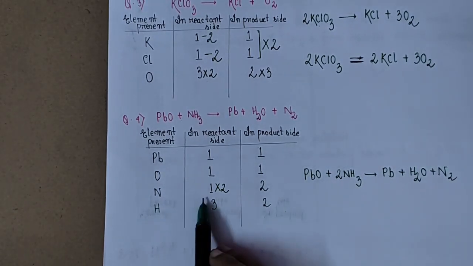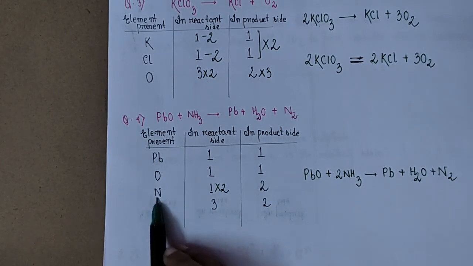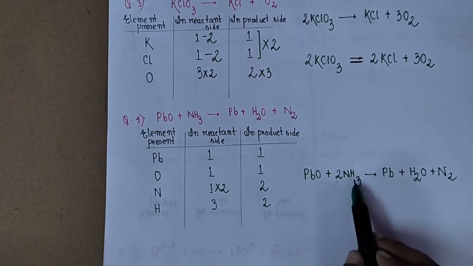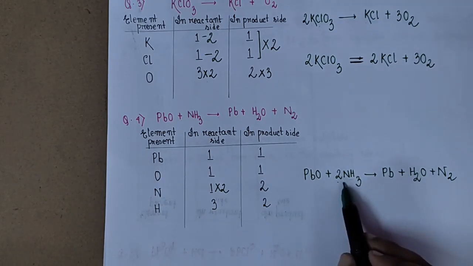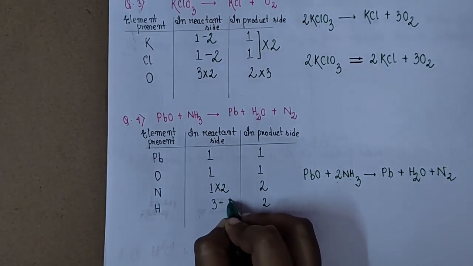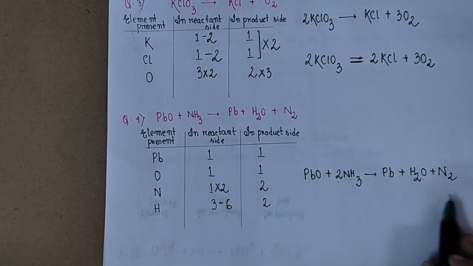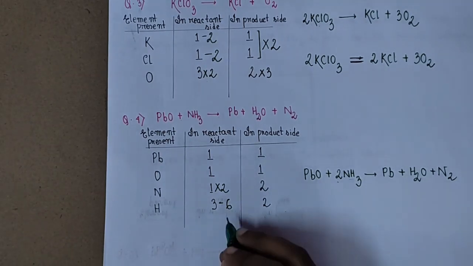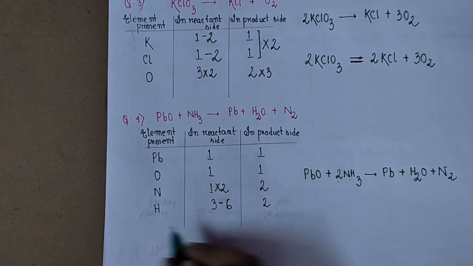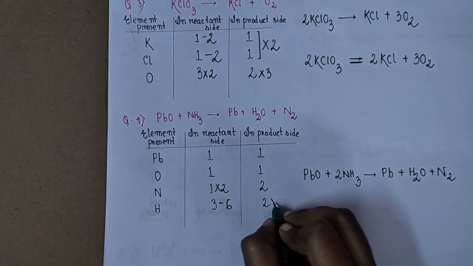Now whenever we multiply the reactant side nitrogen, that means NH3 with 2, the number of hydrogen atoms will also change accordingly. As you can see, now the number of hydrogen atoms in the reactant side, this is 3 to the 6. So this is 6 in the reactant side. But in the product side, this is still 2.